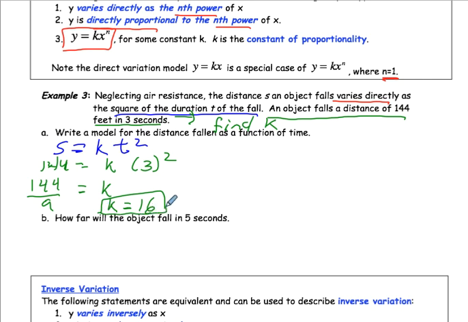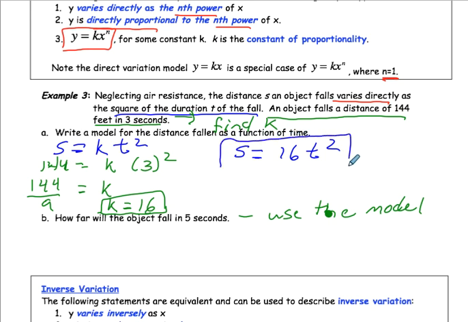How far will the object fall in 5 seconds? This is asking us to use the model. Okay, so now we have our model. Oh, I didn't write the whole model, so don't make that mistake. So S is equal to 16 t squared. Once I found k, we have to go back and put that back into our model. Now we're going to use the model. In this case, t is 5, so substitute this in.